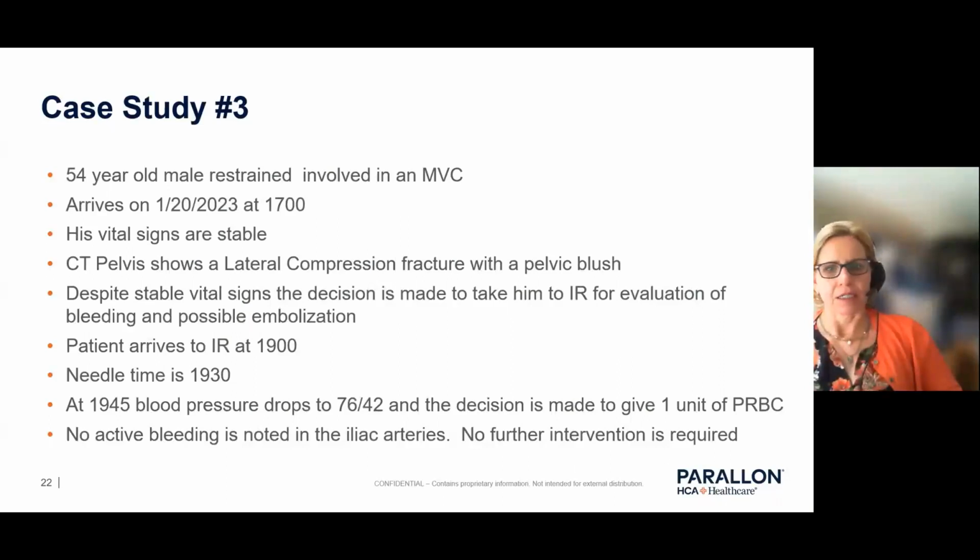They didn't notice any active bleeding, so there was no embolization or stenting required. Just to help you with the questions, we have arrival at 1700. Two hours later, he went to IR and he did get the blood within the first 4 hours after hospital arrival. They did a fluoroscopy, looked for bleeding, didn't find any, so they didn't do any embolization.